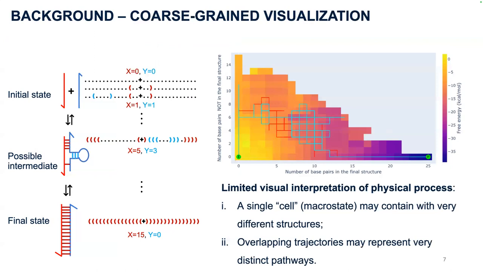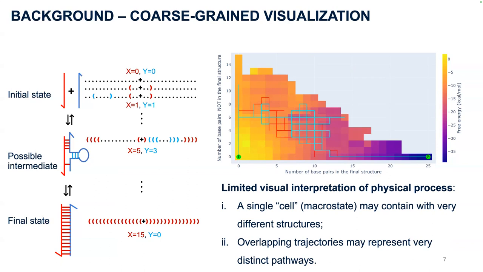One way to visualize these trajectories is using the coarse-grained method that groups the secondary structures by a given policy and then lays out the trajectories. This plot shows a specific coarse-grained method. The x and y axes refer to the number of base pairs in the final structure and not in the final structure, respectively. However, there are many limitations of this coarse-grained method.